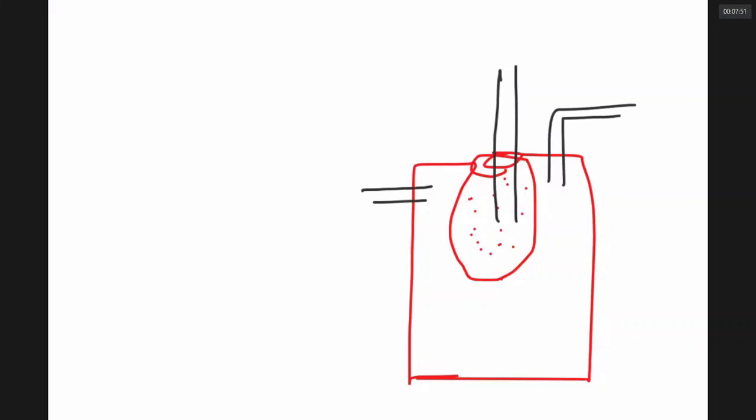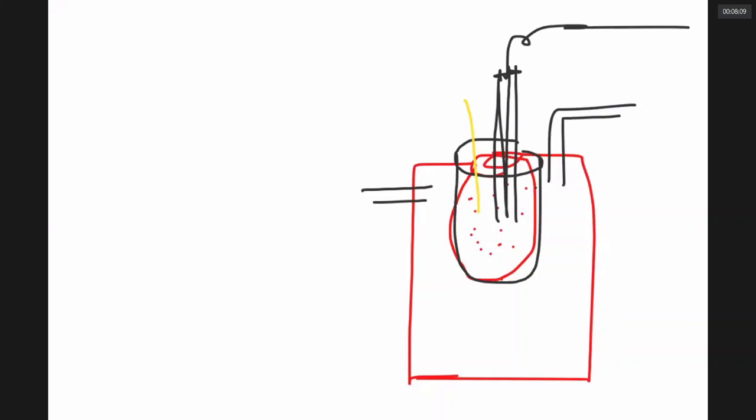Ladies and gentlemen, this container is made with steel. In the container, you are putting one carbon rod, and you have an outlet if any gas is coming. The U-shaped steel container has fine holes.